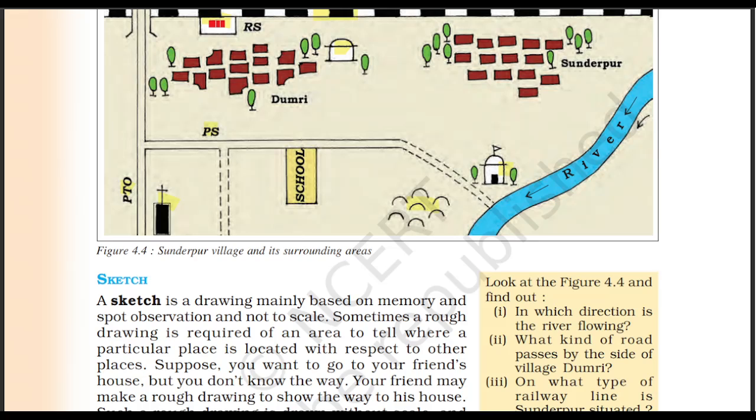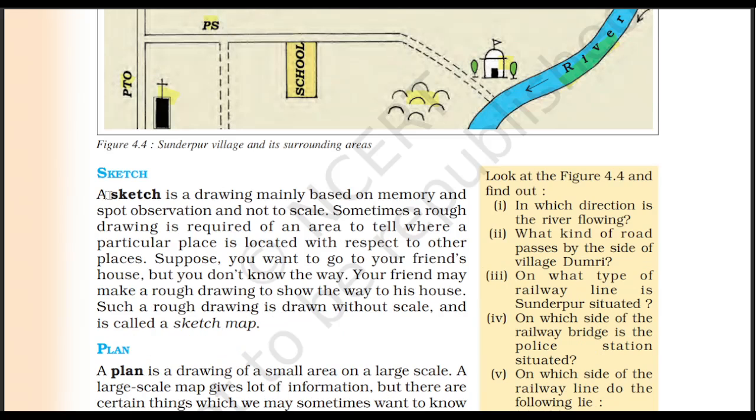Sketch. The sketch is a drawing mainly based on memory and spot observation and is not to scale. Sometimes a rough drawing of an area is required to tell where a particular place is located with respect to other places.